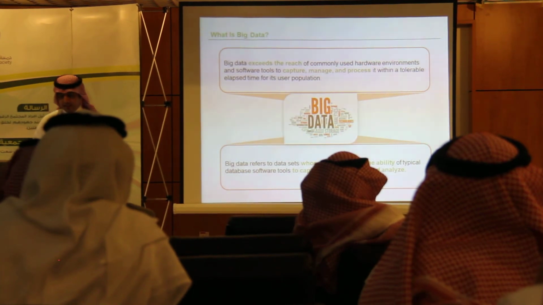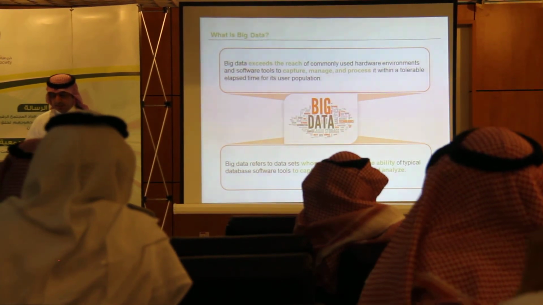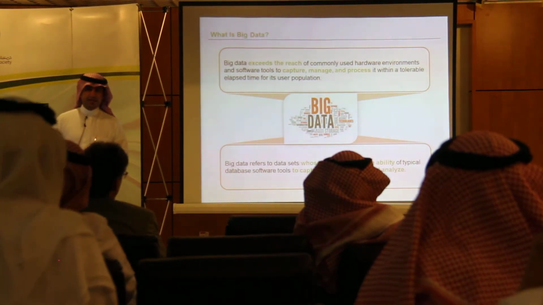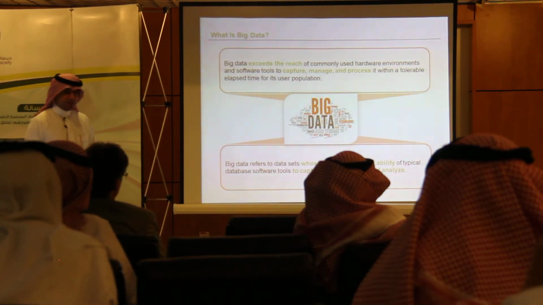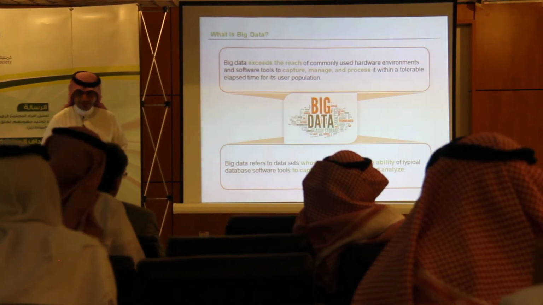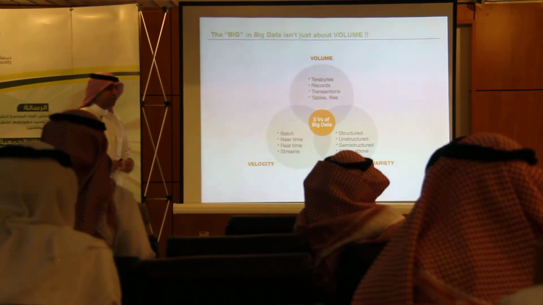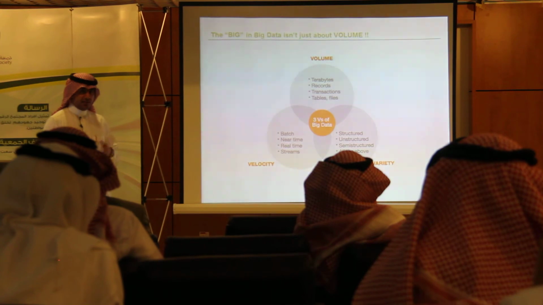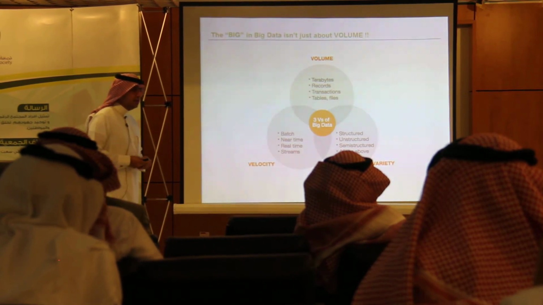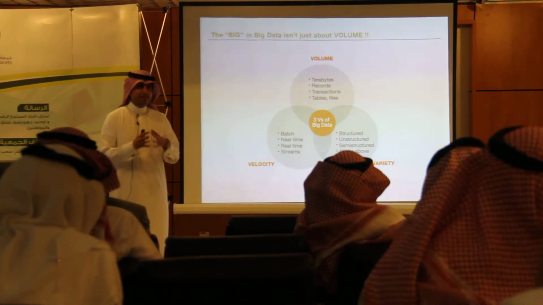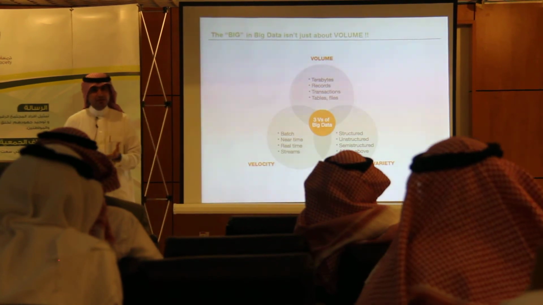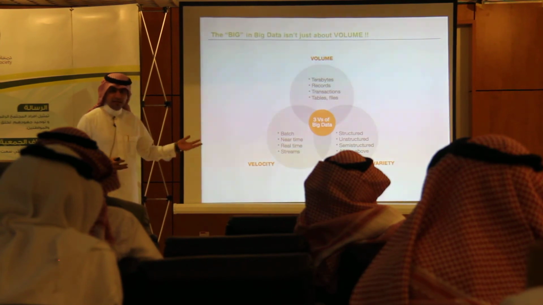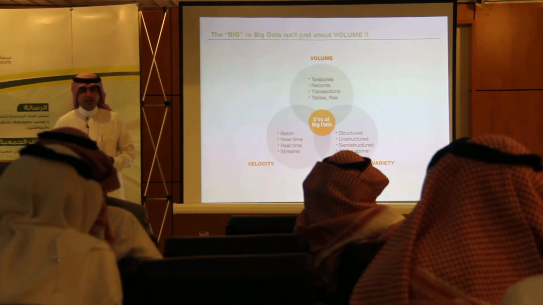The other definition: big data refers to data sets whose size is beyond the ability of typical database software tools to capture, store, manage, and analyze. So, what is big data about? Is it about volume? It's about 3 V's. It's about volume, which we are witnessing. It's about variety. We have structured, semi-structured data, etc. Look at the sources of the data.